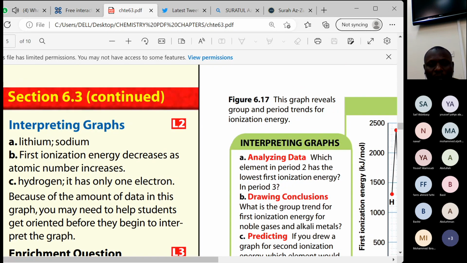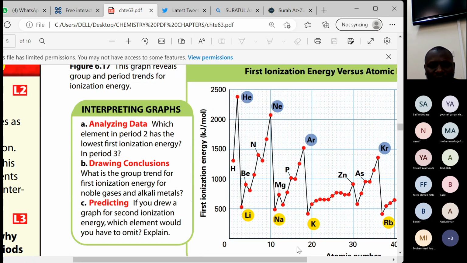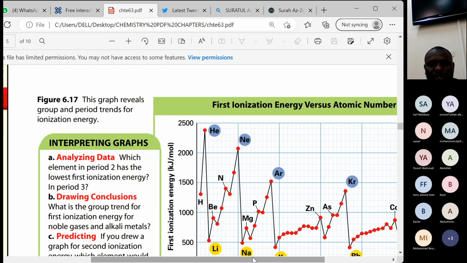Let us continue. Now, this diagram here shows how ionization energy decreases or increases in atoms and ions.